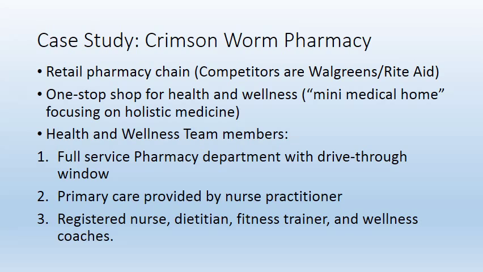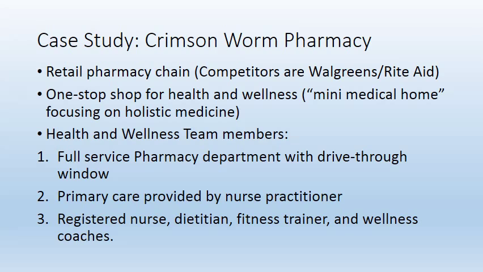They are not considered a general shopping or convenience store because they do not carry typical merchandise or discount items. Rather, Crimson Worm Pharmacy has a pharmacy department along with supportive health and wellness services that focus on holistic medicine. They like to consider themselves a mini medical home at the corner of a neighborhood or shopping center.